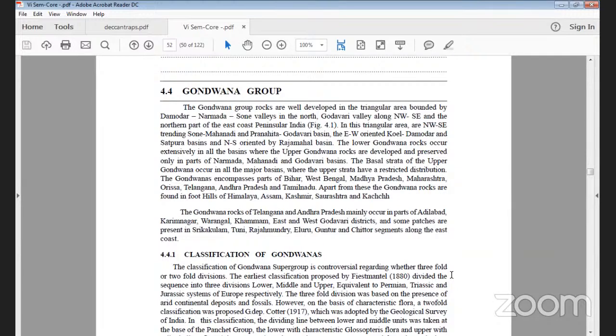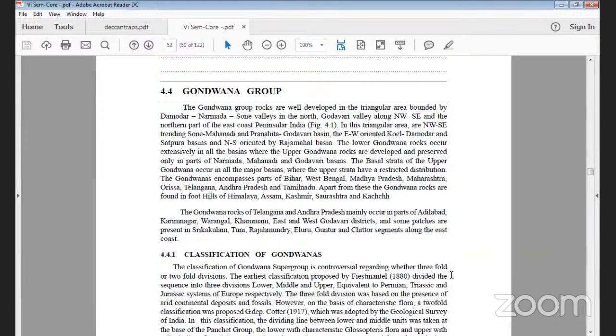In this triangular area there are the northwest-southeast trending Son, Mahanadi, and Pranhita-Godavari basins, the east-west oriented Koel, Damodar, and Satpura basins, and the north-south oriented Rajmahal basin.